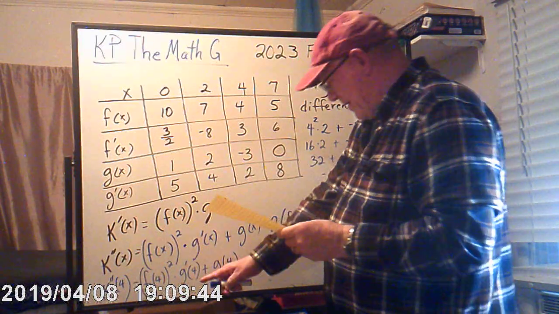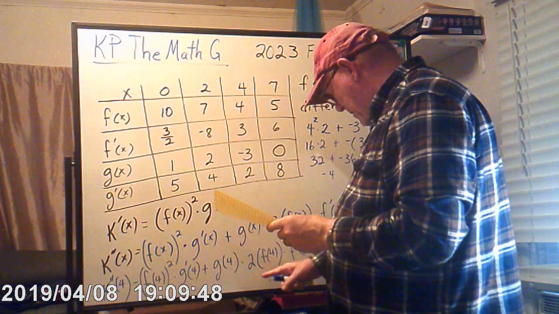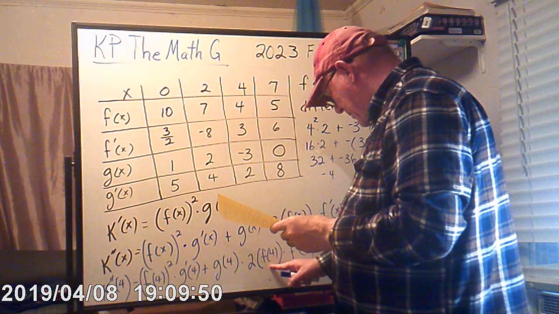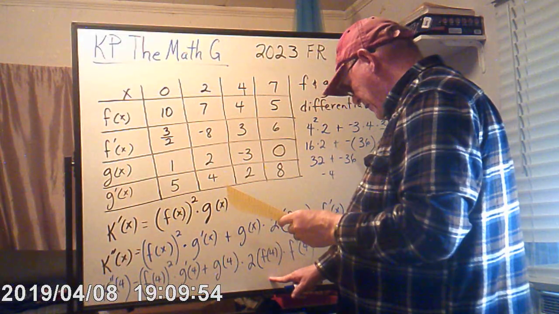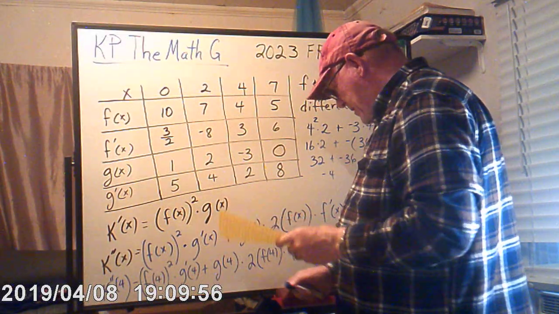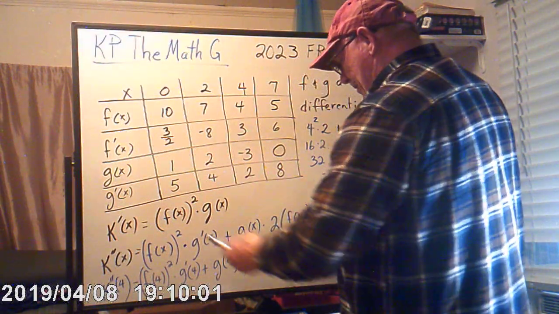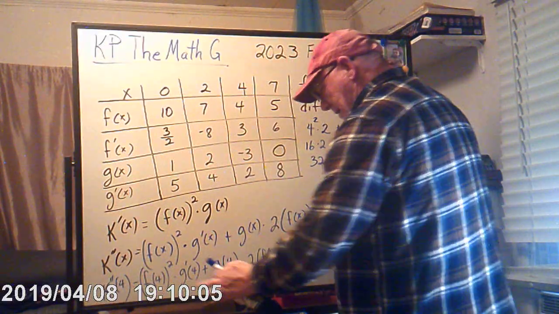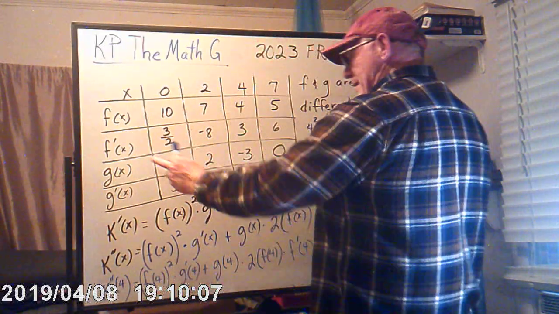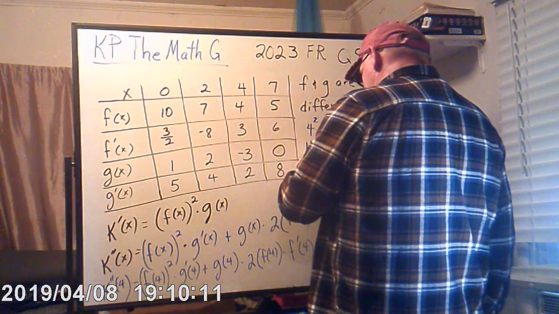L at 4, 2 times, let me see here then. Alright, so L at 4, let's double check. Everything's correct. L at 4 is 4. 4 squared is 16. Good.